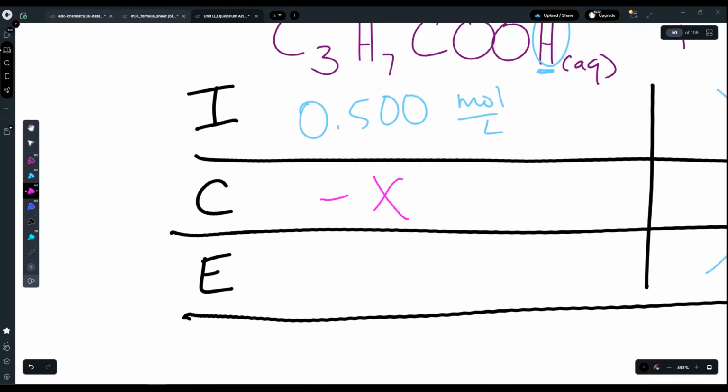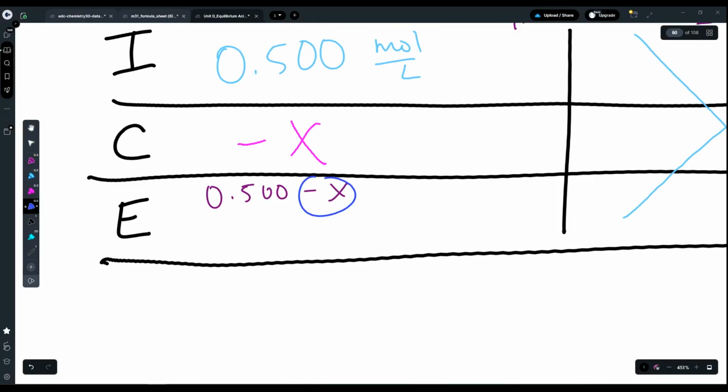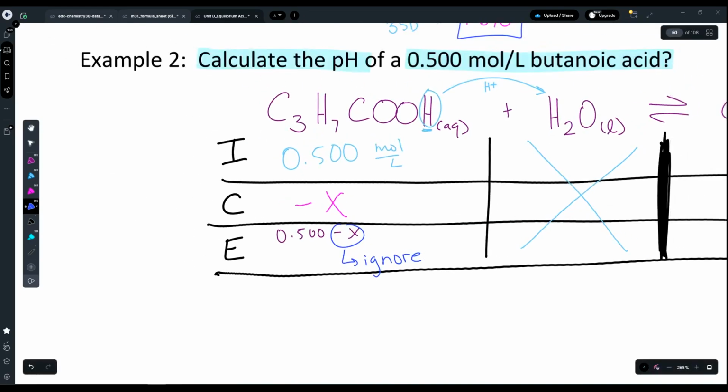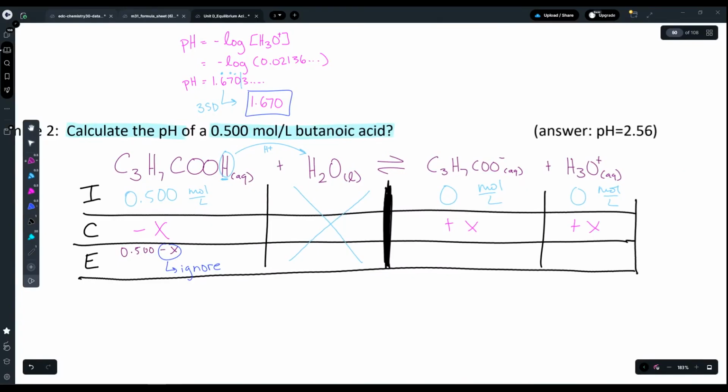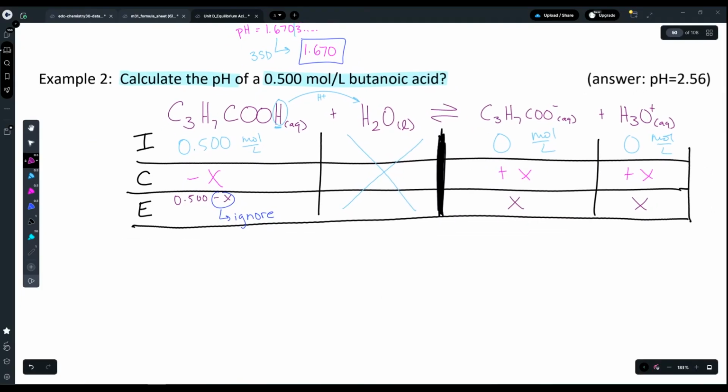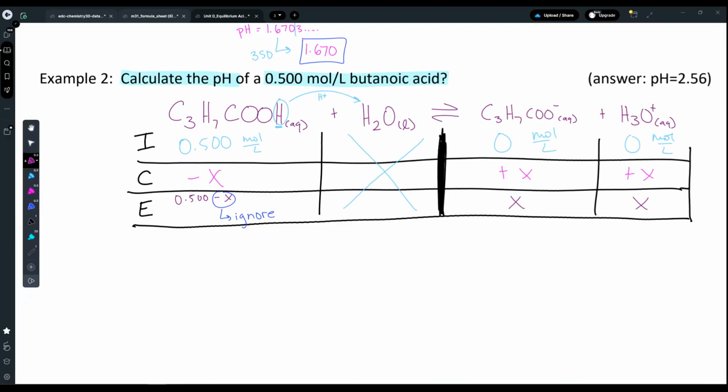Then for the equilibrium row, this is going to be 0.5 minus x, but this is the x that you ignore, because this value is going to be so incredibly small that it's really not going to change the equilibrium concentration of butanoic acid. Okay, and again for the equilibrium row, I'm just following that I plus C is equal to E to figure out what the values are.